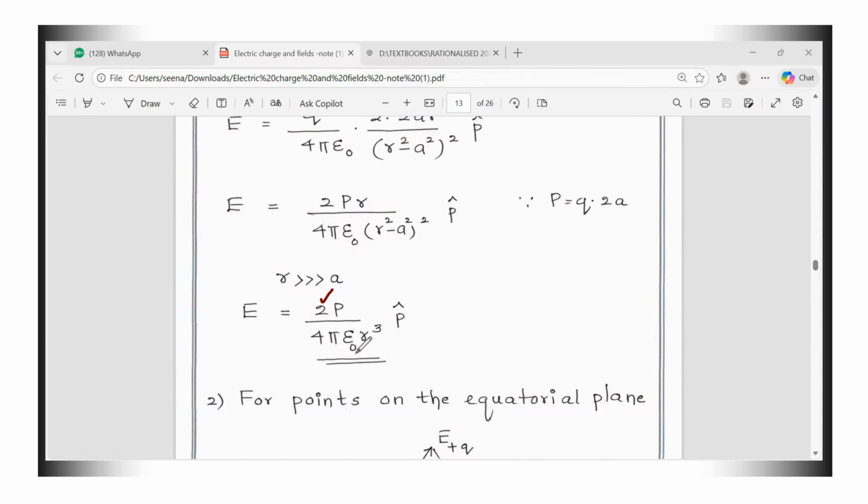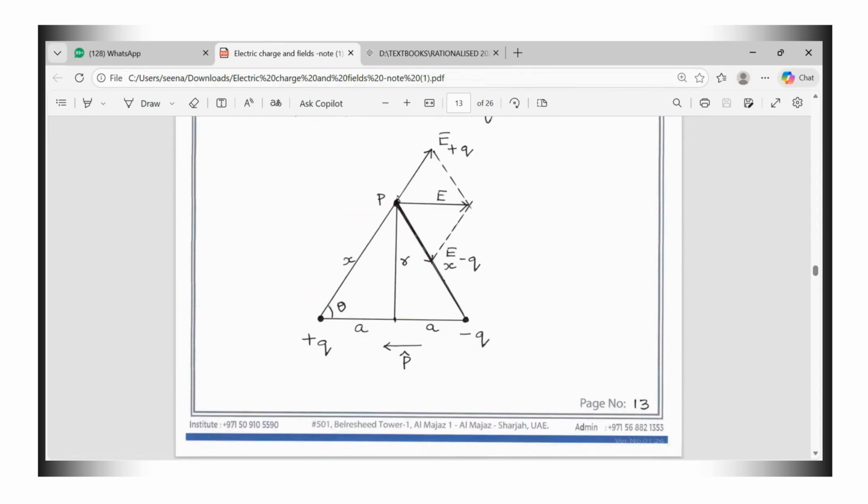But when we are considering the equatorial point, it is on the perpendicular bisector. There, if it is a plus q, it will be repelling, and if it is a minus q, it will be attracting. But these two distances should be equal, because the point P is equidistant from the dipole charges. So E due to plus q is equal to 1 by 4 pi epsilon 0 q divided by x square.